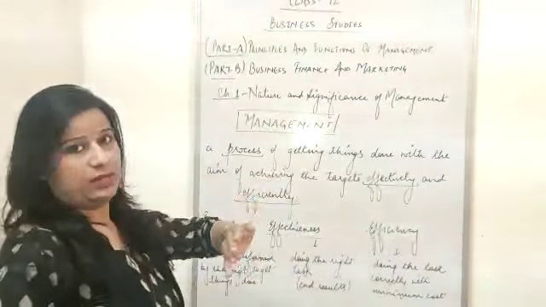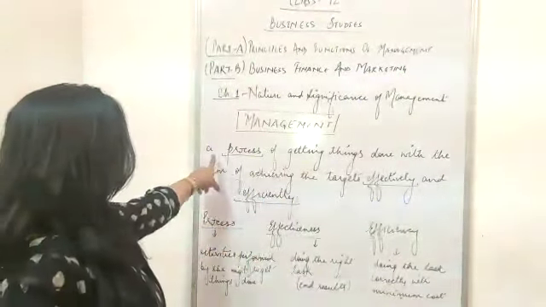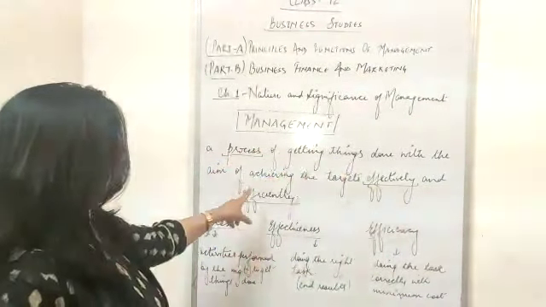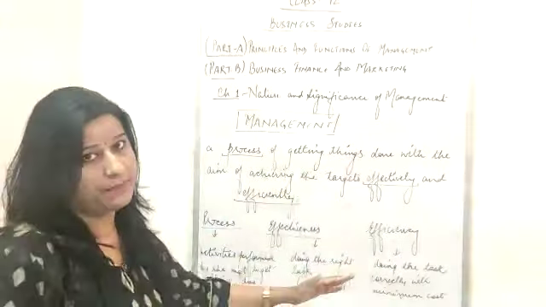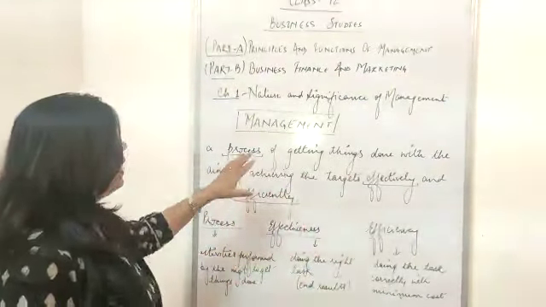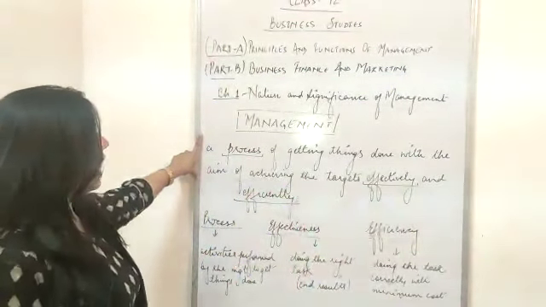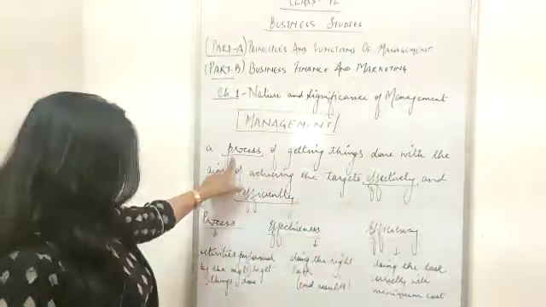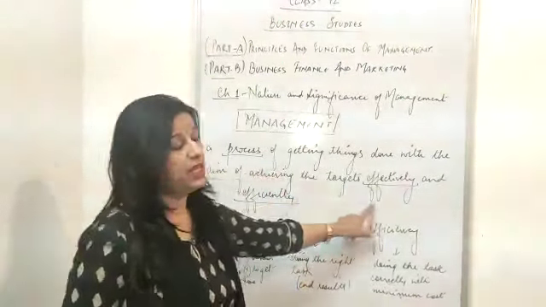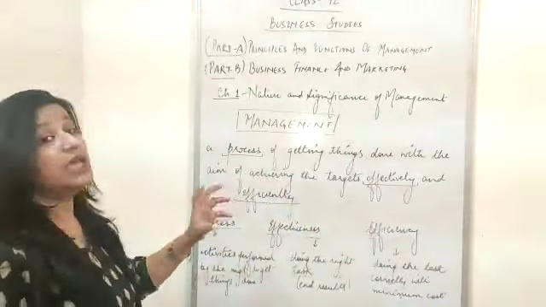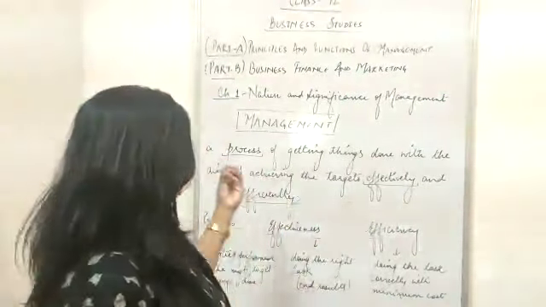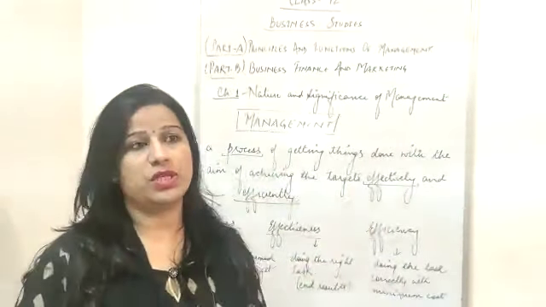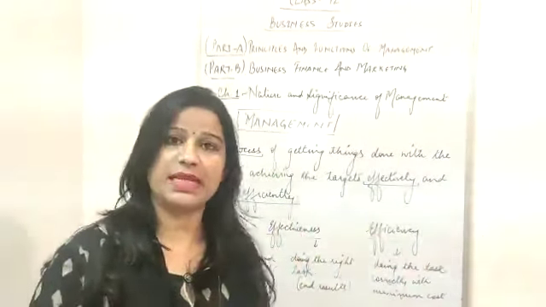Okay, so let's recall: a process of getting things done with the aim of achieving targets effectively and efficiently. As I told you earlier, students, in this definition, I have underlined 3 terms: process, effectively and efficiently. These 3 elements define management completely, students. So let's study them step by step.